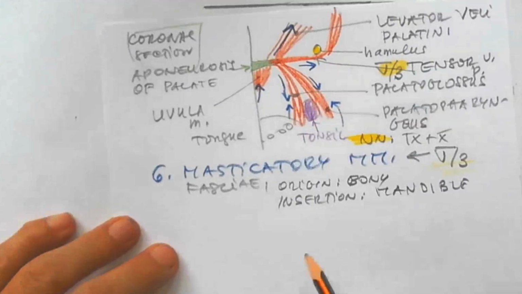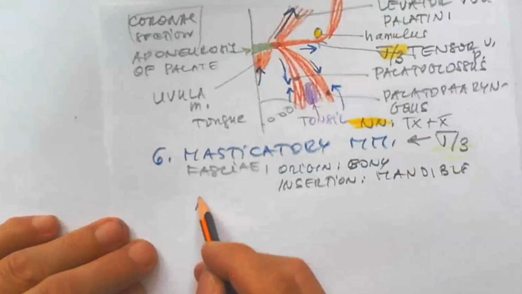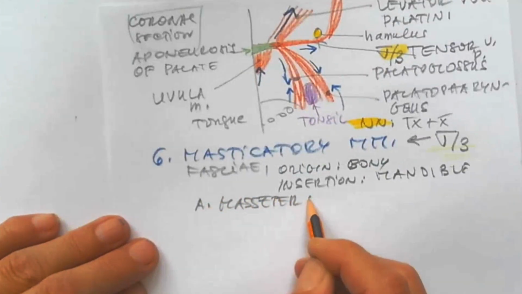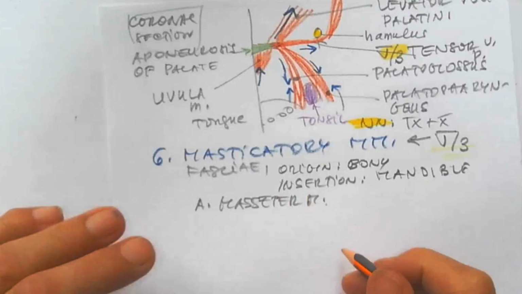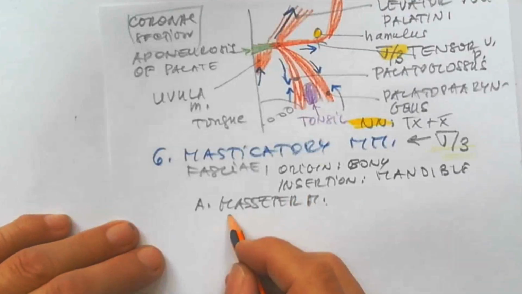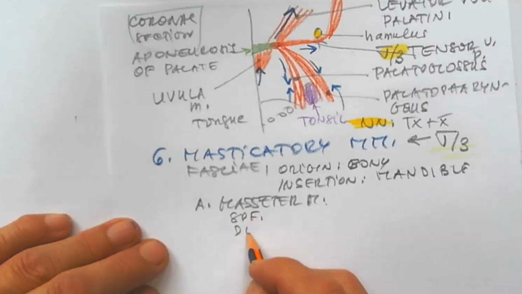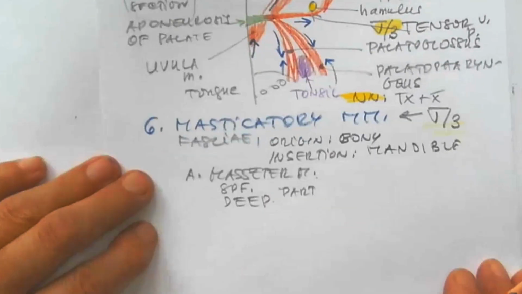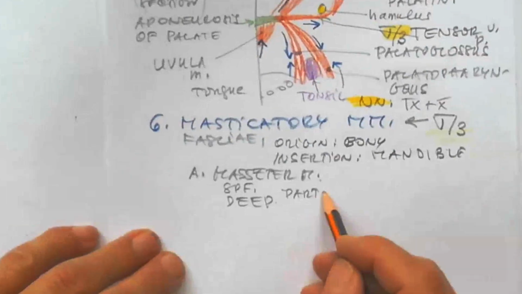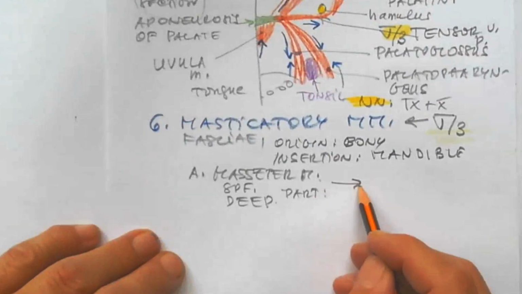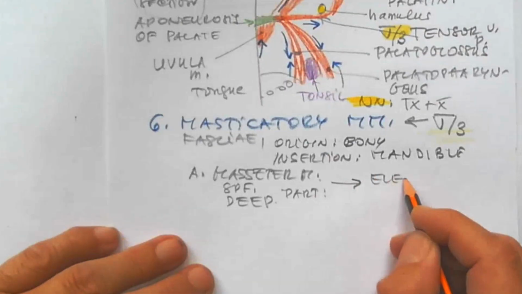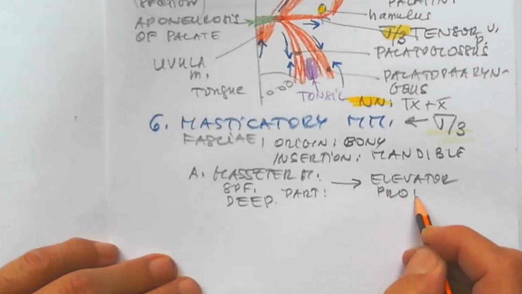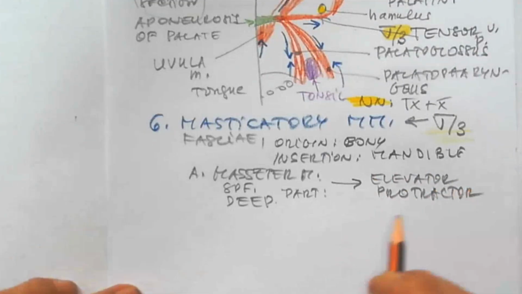So they are protractors. This muscle is a typical protractor of the mandible. So looking again at the view, A is the masseter muscle. We could say it has a superficial and deep part like that, because there is not that much time, and you can look again in the atlases. This is elevator and protractor of the mandible.